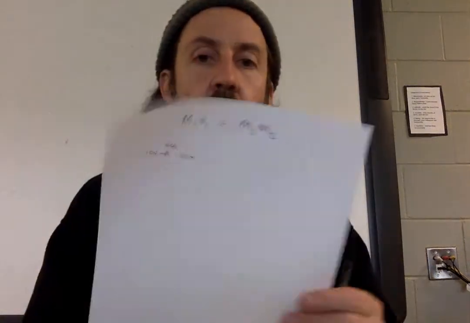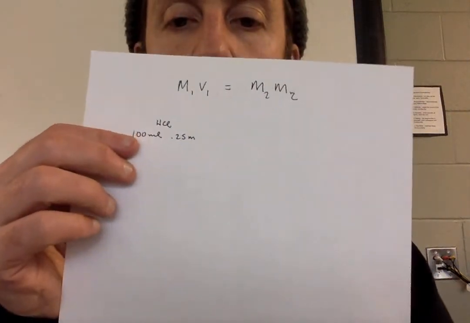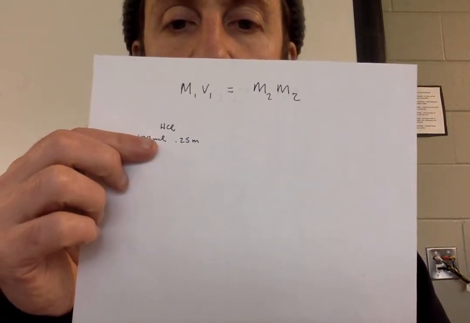But say we have 100 milliliters of 0.25 molar HCl, and we want to neutralize that. But all we have is, let's say, 0.33 molar NaOH.